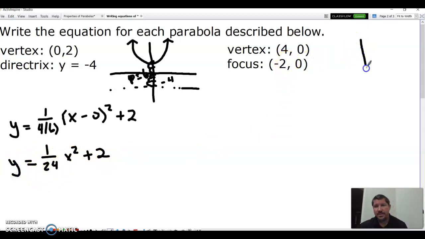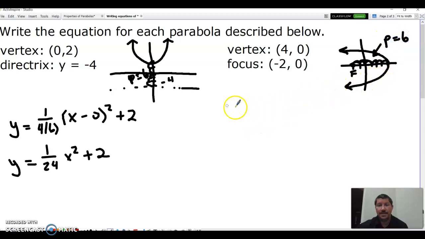Okay, so here my vertex is at 4, 0, 1, 2, 3, 4. My focus is at negative 2, 0, which means that I am opening left like this because the focus is inside the parabola. Okay, so the distance from here to here is 1, 2, 3, 4, 5, 6. So p again equals 6.